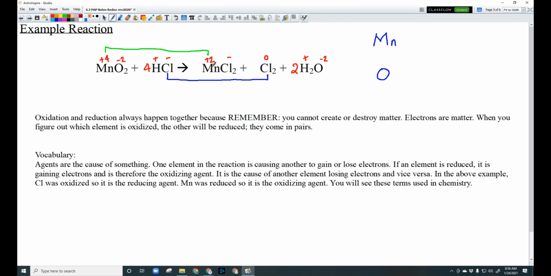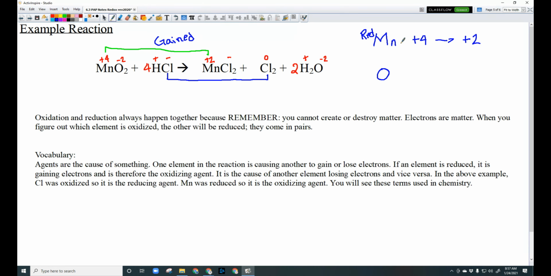So this gained electrons to make that charge reduce. Okay, it reduced the oxidation state. Okay, so this is gaining. So I'm going to label this reduction. Okay, and it went from a +4 to a +2.